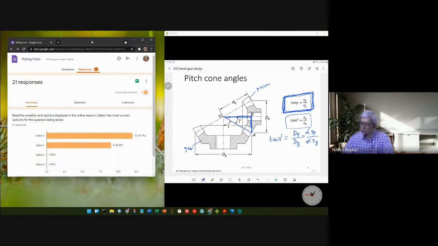So this is dp by 2 and this is dg by 2. Will it be true for any bevel gear configuration? What I mean by bevel gear configuration is, what if the axes are not perpendicular to each other, will this hold true? The most common configuration is the axes being perpendicular to each other.